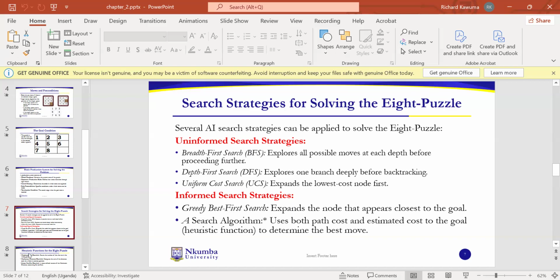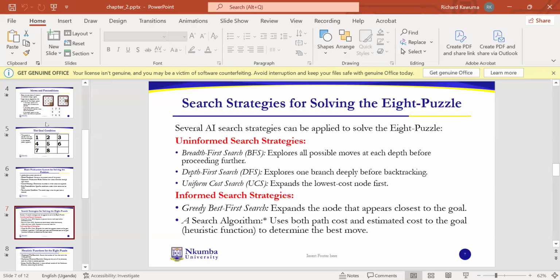Some men, the first girl you see, immediately you say, I'm going to marry that one. But you don't know that the other girls are still coming. Maybe the 20th girl is the one whom you are supposed to marry. Greedy, what comes first? What is closer to you? It expands the node that appears closest to the goal.